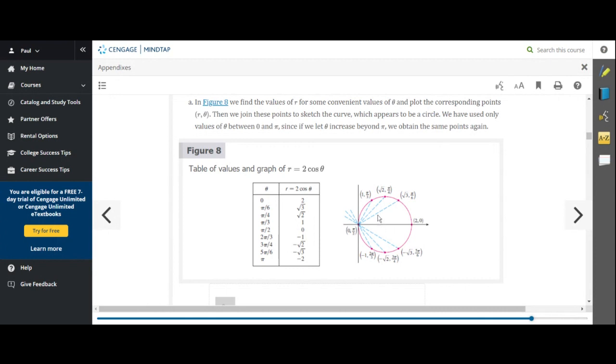They move out an angle of 45 degrees from the x-axis. They go counterclockwise, 45-degree angle from the x-axis, and they move out √2. Are we good with the first 3 points here on this picture?